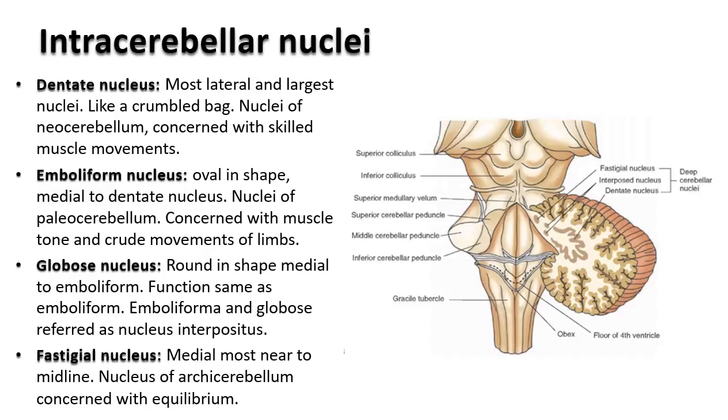That is why the vestibular nucleus itself is considered the displaced nucleus of the cerebellum. The vestibular nucleus behaves more like a cerebellar nucleus, even though it is seen in the brainstem. So the four nuclei are dentate, emboliform, globose, and then the fastigial nucleus.